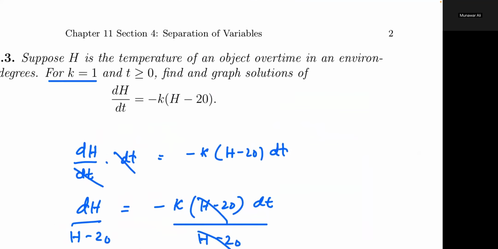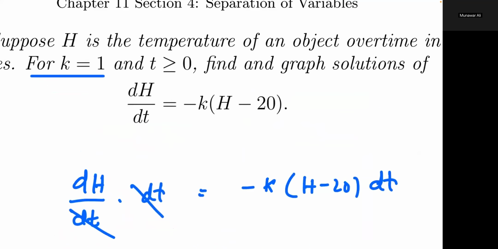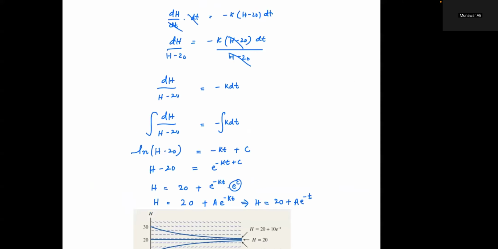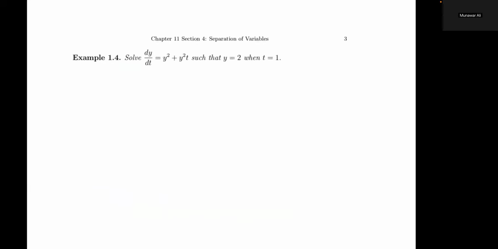This is modeled via this differential equation. We'll see in the next section where we'll be solving a problem with a different situation, but the exact differential equation is this one. Okay, so this is the solution and this was a little interpretation.